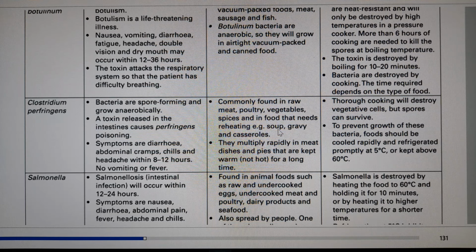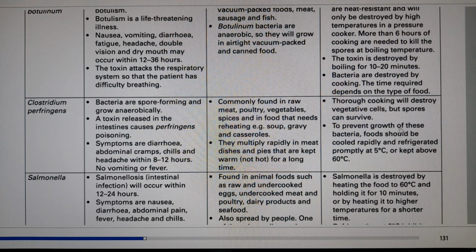For example, your soup, gravy, and casserole dishes. They multiply rapidly in meat dishes and pies that are kept warm for a long time. So how to prevent this one? Thorough cooking will destroy the vegetative cells, but spores can survive.